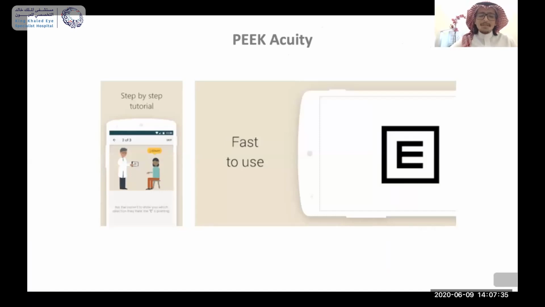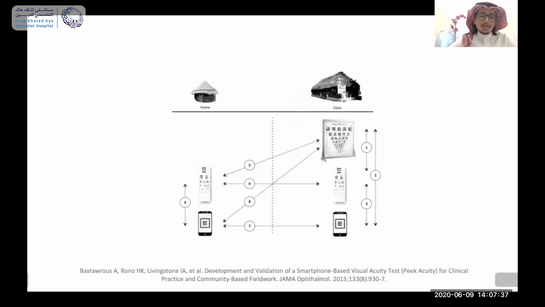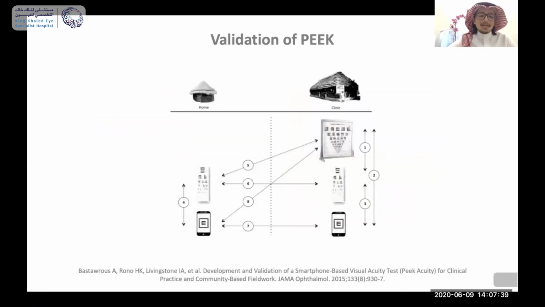This app has been developed by a not-for-profit organization in London, a doctor called Bastawrous. He is conducting services in remote areas in Africa, specifically in Kenya. What he wanted is a small tool that helps him in measuring visual acuity outside the clinic. So that's why he developed this app, which is called the Peek Visual Acuity Testing App.